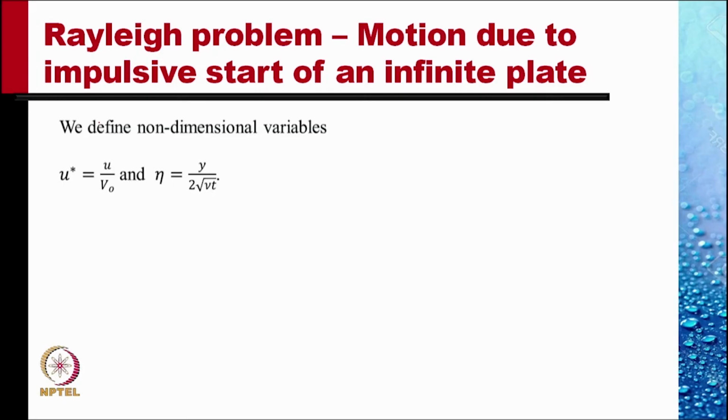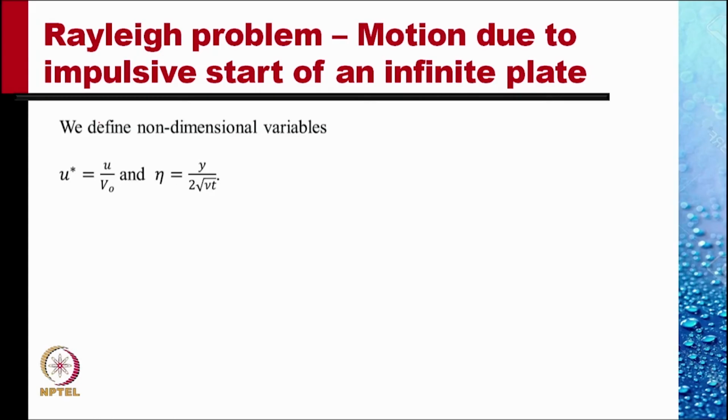And we introduce a variable eta as y divided by twice under root nu t. Why this peculiar combination? We will explain this a little later, not now. For the moment, you take it as given.